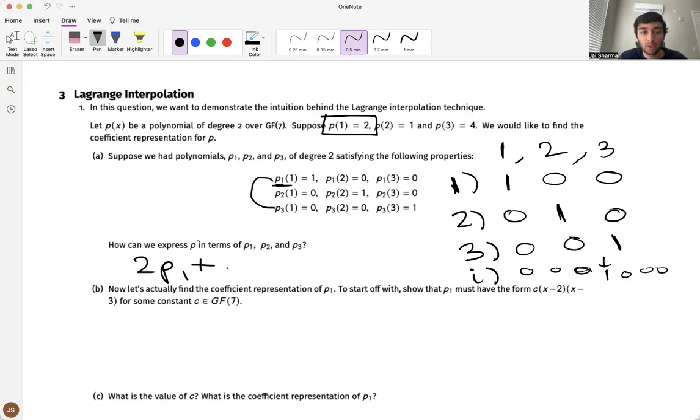And we can add P2, right? So now if I put in a 2 here, this one will become a 1. Everything else will become a 0, and I'm left with just 1P2. And then plus 4P3. So if I put in a 3, this will become 4 times 1, and everything else gets crossed out.